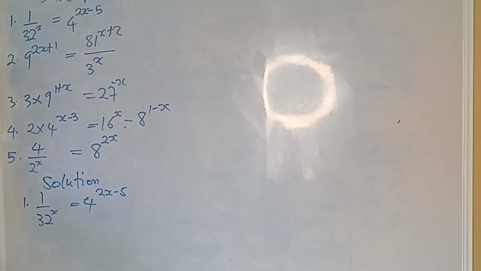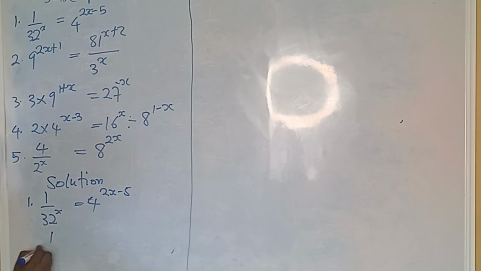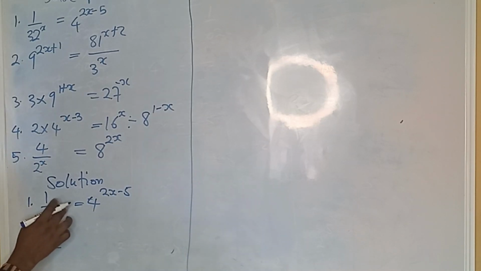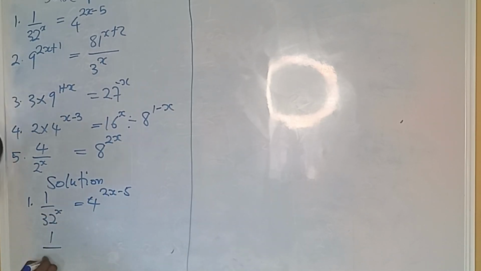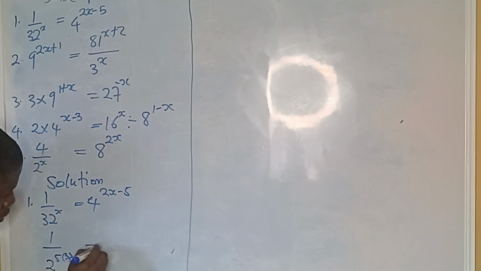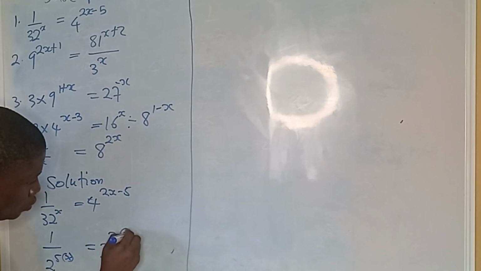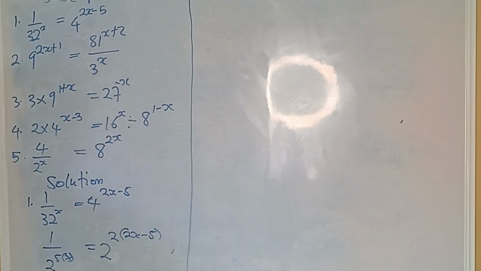So here we have to reduce both sides to their lowest common base. So that this is the same as 1 over 2 raised to the power of 5 into bracket x is equals to 2 raised to the power of 2 into bracket 2x minus 5.